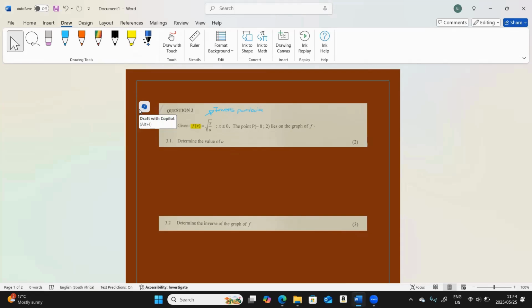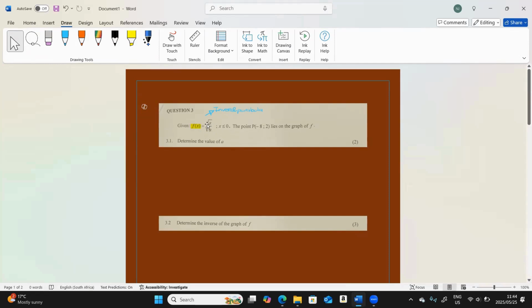That is then the inverse of a parabola. So that's the first thing that you had to have written down when you saw this. Then we know we work with limitations when we work with functions and their inverses, especially because we work with a square root over here.